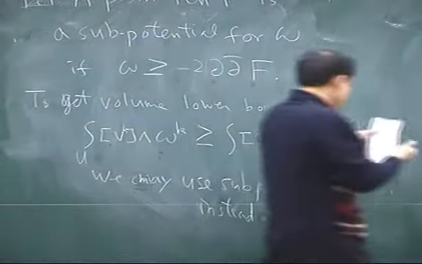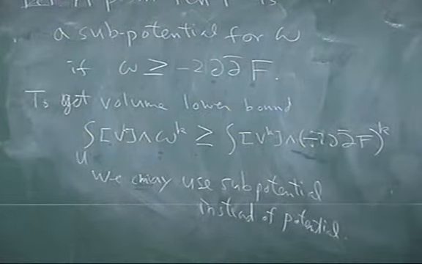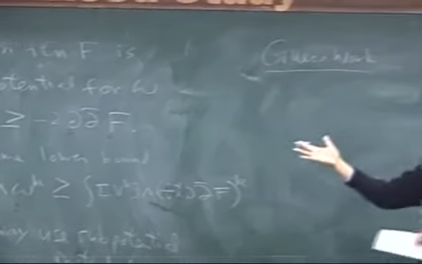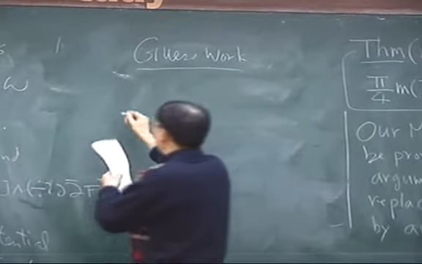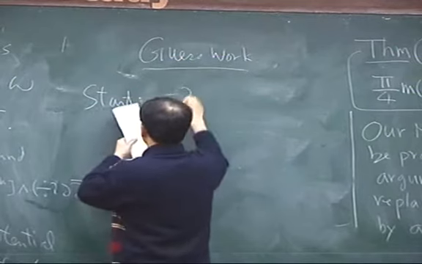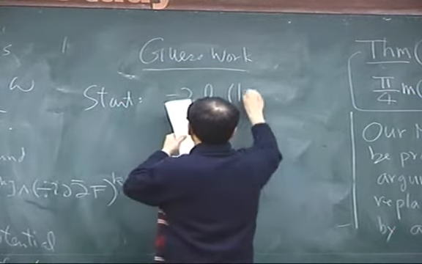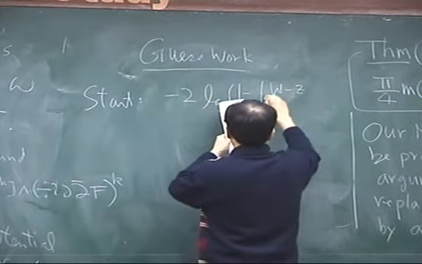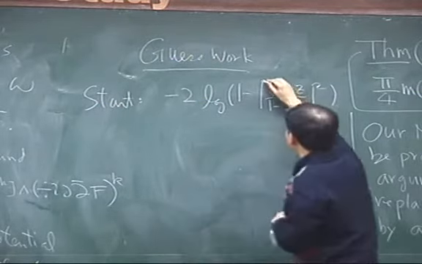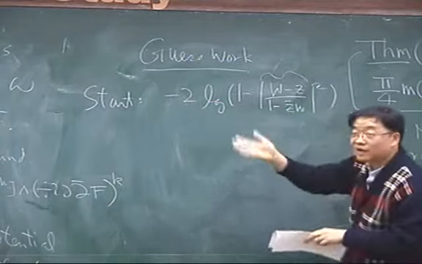And from here it was completely guesswork. So what we did is we initially tried the obvious subpotential, starting with this guy. Now this guy is the distance from the diagonal, in a sense.